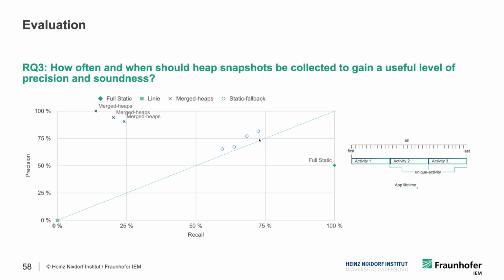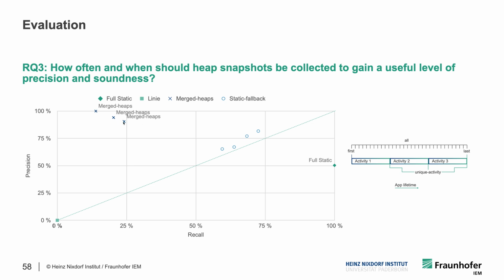But we also found that if you then take further snapshots, then for the static fallback configuration, it can actually increase both precision and recall, like you see here, but only slightly. So there's some improvement, but it's not huge.